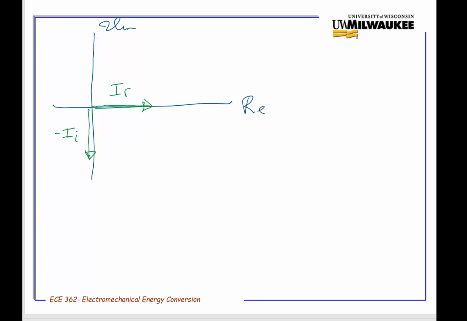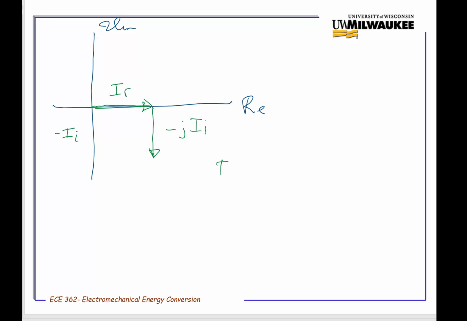What I can do is take this phasor right here and move it there. So this phasor is exactly negative JII. What I just did is sum these two together.